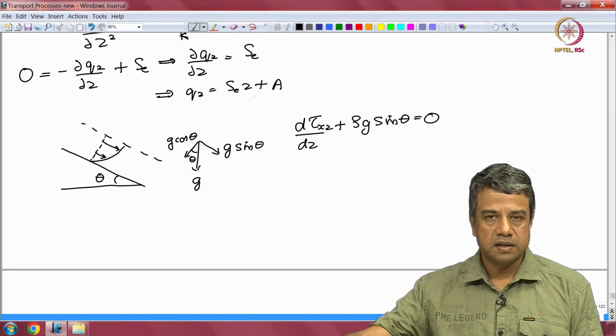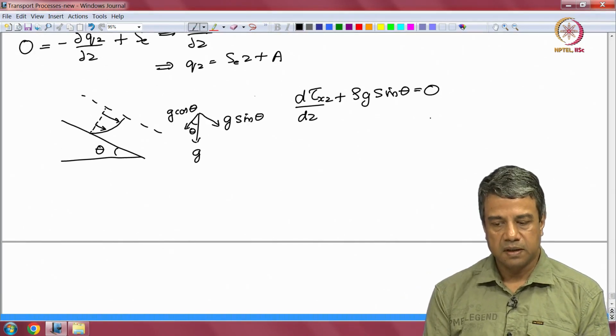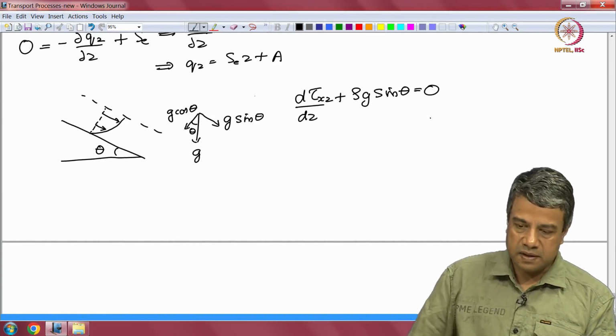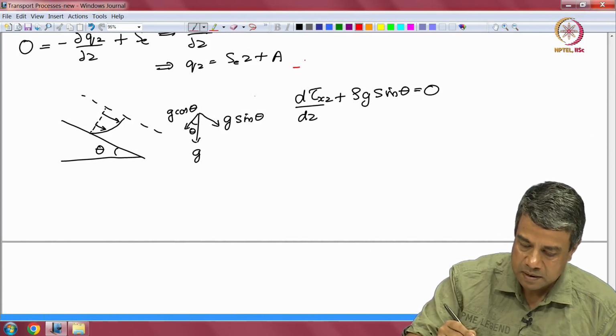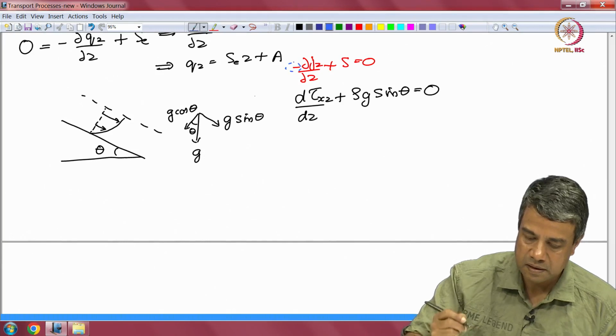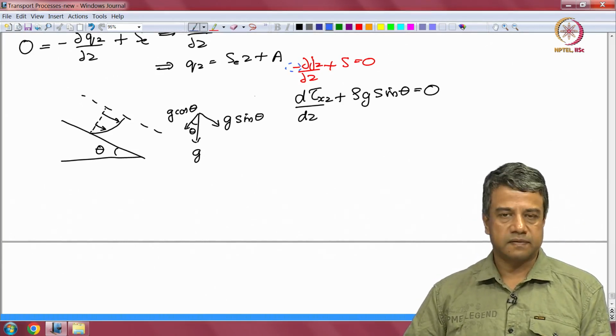That is the momentum balance equation in terms of the shear stress. Note that there is no negative sign in front of the shear stress, because shear stress is effectively the negative of the flux. If I were to write this for mass transport, for example, I will get minus partial j_z by partial z plus S is equal to 0. There is a negative sign here. In this case, for the momentum transport, there is no negative sign.